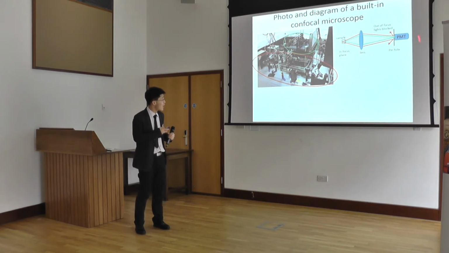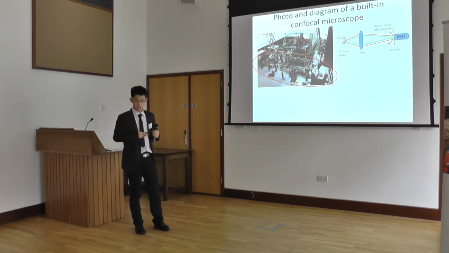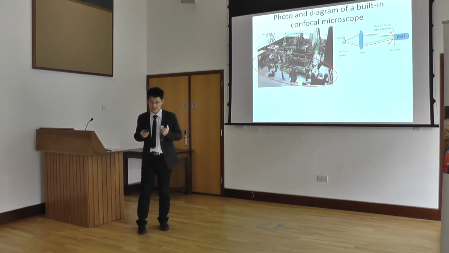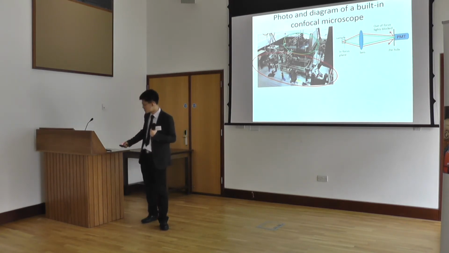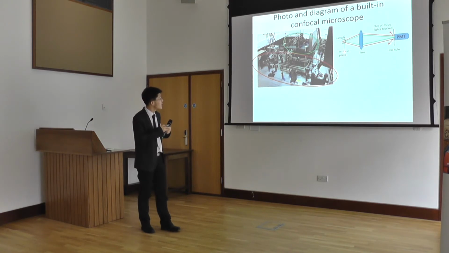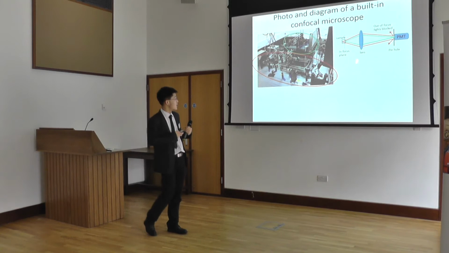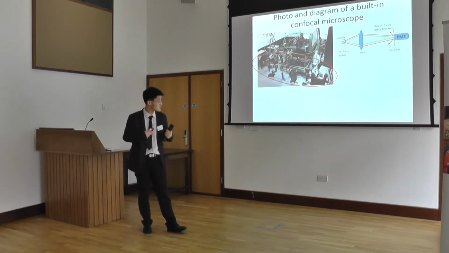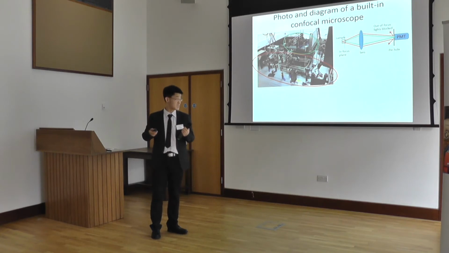This diagram can repeat what I was trying to say. Why did the conventional transmission microscope not work for three-dimensional images? Because here, this dashed line is the in-focus plane, and the green light from this plane goes into the PMT, a photomultiplier tube, similar to a CCD camera.